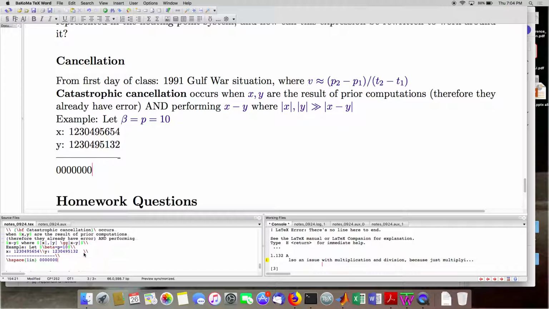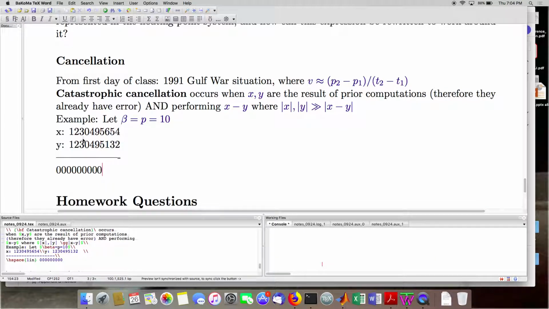Okay, so what we have is 1, 2, 3, 4, 5, 6, 7 digits agree. So we have a difference, x minus y.